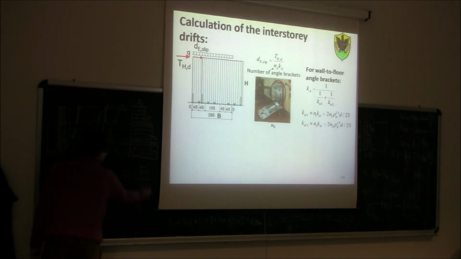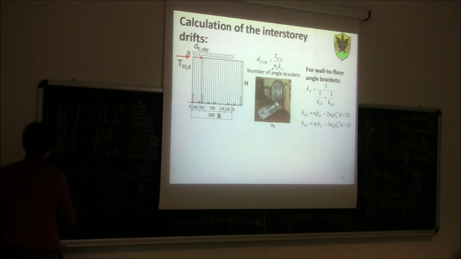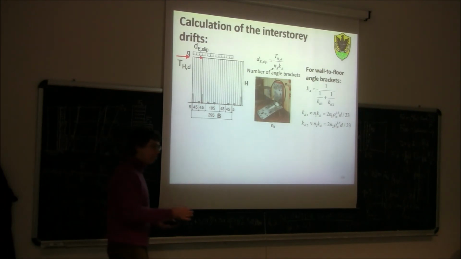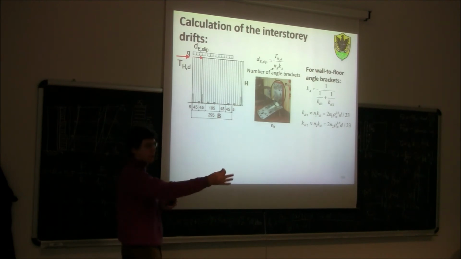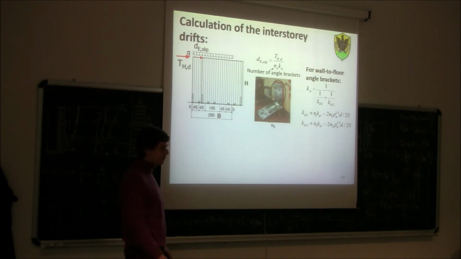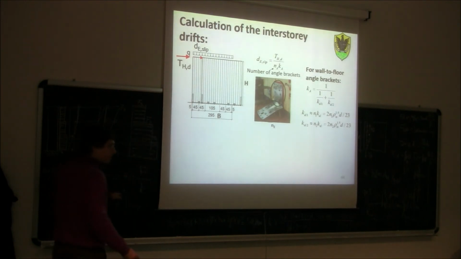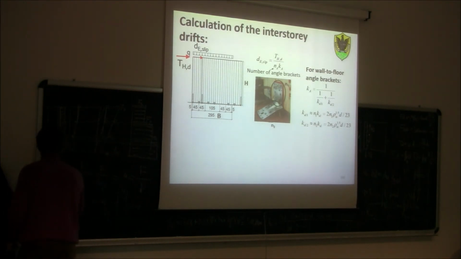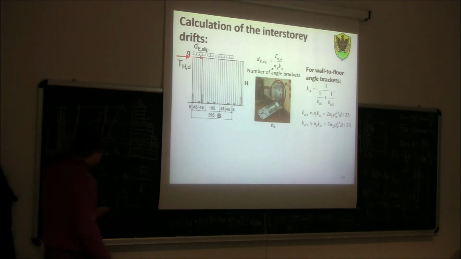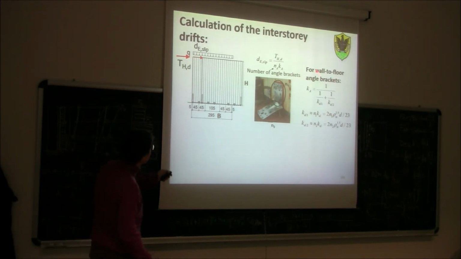And this is the same as F divided by K. So in the end, if you have two elastic springs in series, as you probably already learned from mechanics of structures, the relationship between the stiffnesses is 1 over K equal to 1 over K1 plus 1 over K2. Which means the total K is 1 divided by (1 over K1 plus 1 over K2). So this is why you can see Ka here.